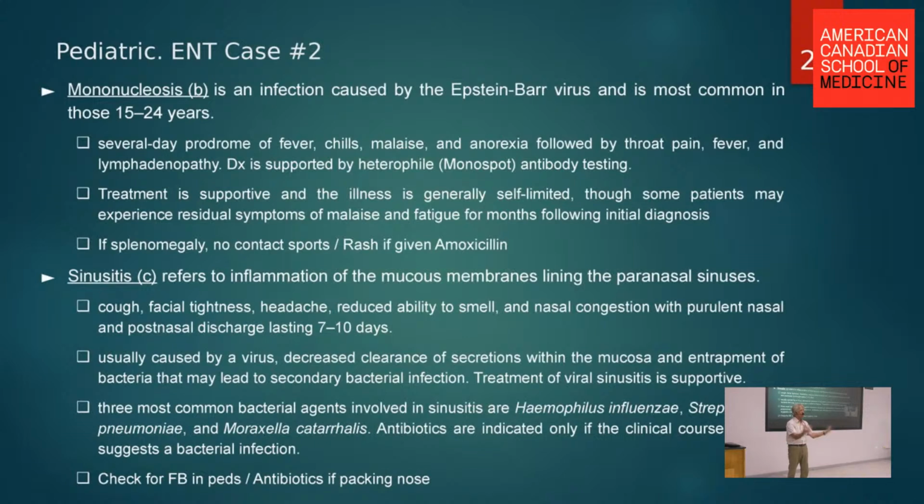Remember, the marrow is pushing out the polymorphonuclear cells to try and fight a bacterial infection. In an Epstein-Barr virus infection like infectious mono, you have a predominance of lymphocytes and atypical lymphocytes. So you may get an elevation in the white count, but it's going to be a lymphocytic shift. Treatment is supportive. If splenomegaly, no contact sports.